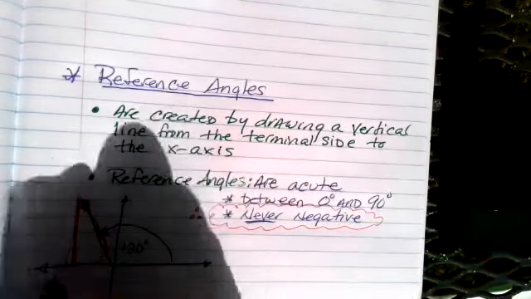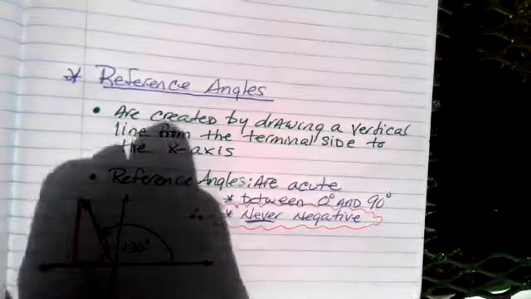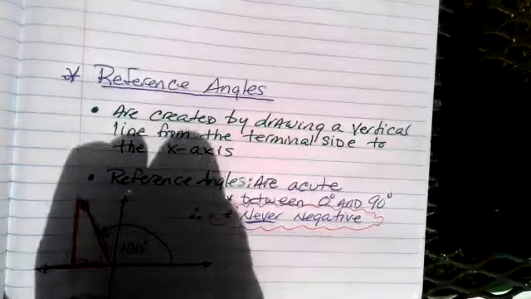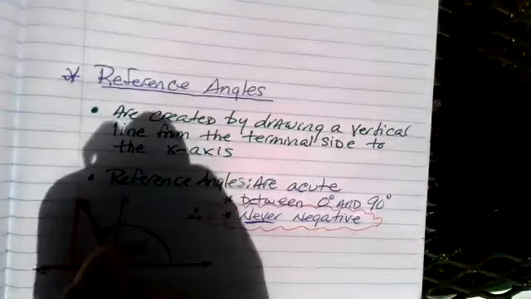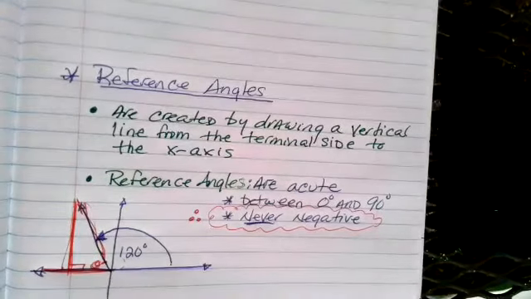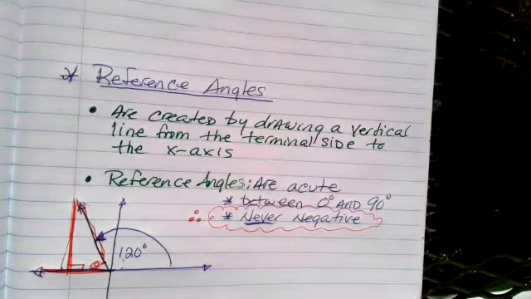I'm drawing a vertical line to my x-axis, and this creates a right triangle. Sometimes this interior angle here is called theta prime. And that's how you draw a reference angle or a reference triangle.